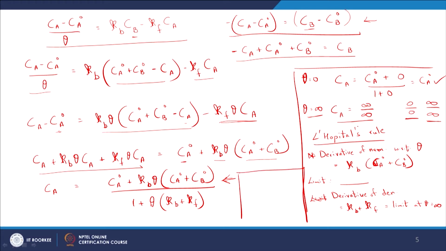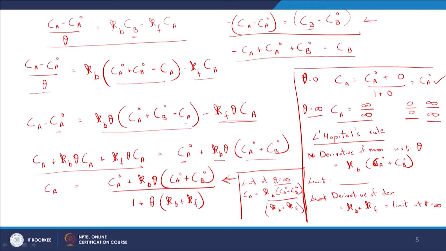We have the limit at theta equal to infinity for CA equal to KB into CA naught plus CB naught by KB plus KF. So this is our concentration of A at equilibrium, or at theta equal to infinity.